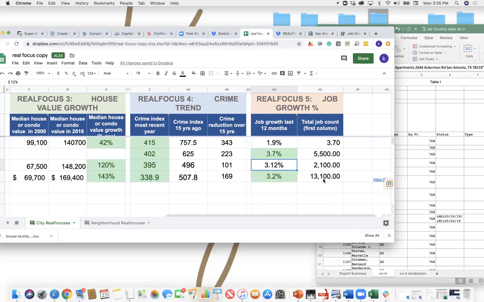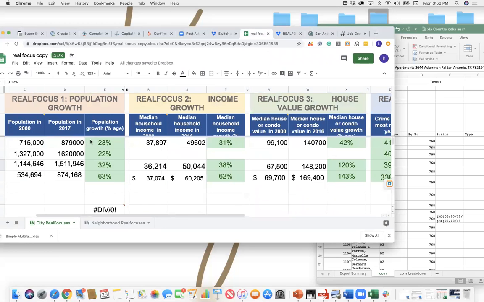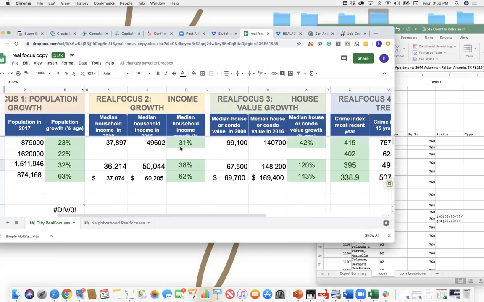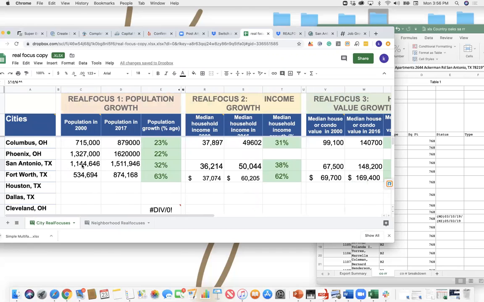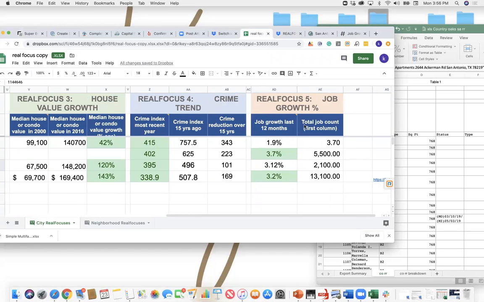Trying to get that to highlight, but it won't for me. Anyway, so then we have all these job growth. So far, it hits all the things that I wanted to hit to invest in that market. So for me, the most important things are going to be population growth and job growth.